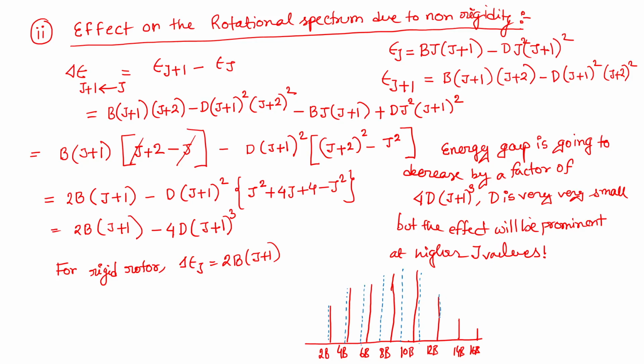For 14B it will be blue shifted here. Maybe for 16B it will be here. So one thing is that it is going to decrease, and another thing is, suppose let me write it also here, that rate for rigid, non-rigid.